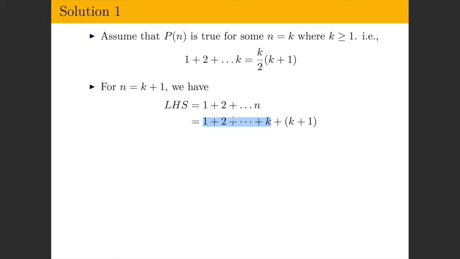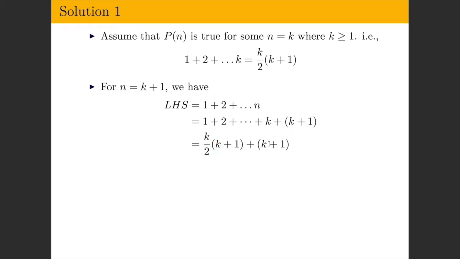Instead of rewriting that again, I'm going to take our assumption, this particular expression for the sum of the first k integers, and insert it into our next line of working. So here, that has been replaced with that assumption. And that is the key step that you will use.